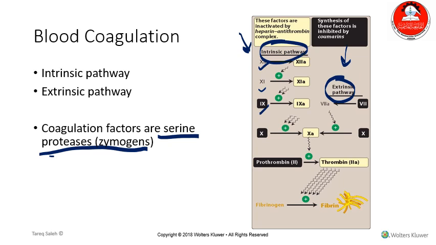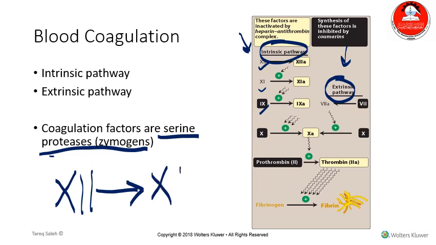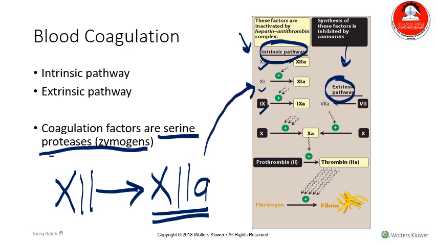For example, the intrinsic pathway starts with factor 12. In the normal condition, factor 12 is not activated, but if it is activated, and we will see how in a minute, factor 12 activates its serine protease activity, which allows it to cleave and activate factor 11.